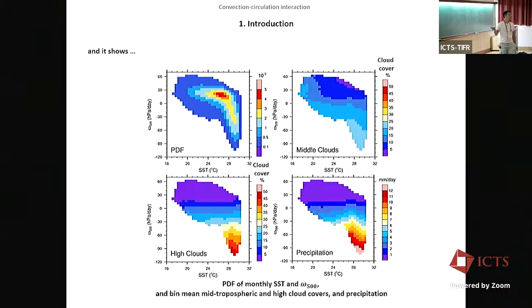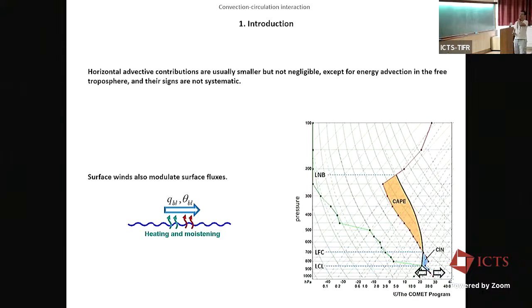So what's going to control the existence of clouds and precipitation as well is really the large scale motion, in both ways: inhibiting convection when it's subsiding and enhancing convection when it's ascending. Okay, and we would think that the SST is a fairly large control on convection, but vertical motion is much more.